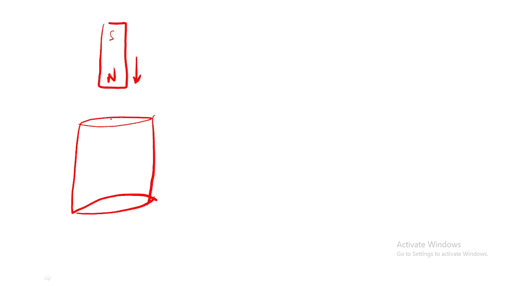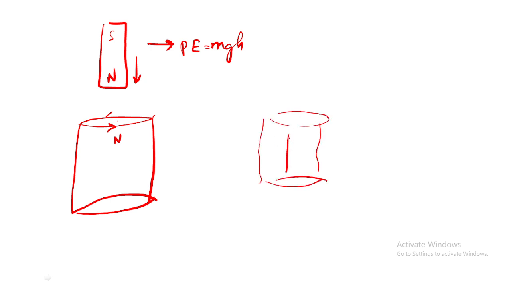Here also the north pole will develop, in an anti-clockwise direction. This magnet possesses a potential energy mgh. But whenever it passes through this, the potential energy converts into electrical energy.